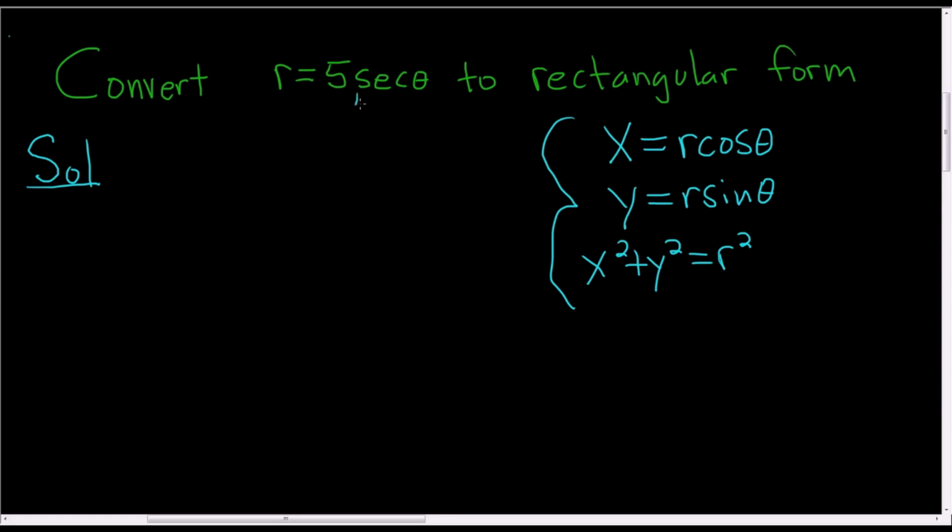These are usually helpful in these types of problems. Here we have a secant function, and you see that secant doesn't really appear in any of our formulas. So it's a good first step to write secant as 1 over cosine. We're not quite there yet because we have cosine, but we don't have an r here. So what we can do is multiply both sides by cosine.